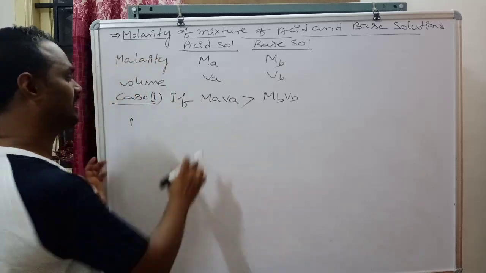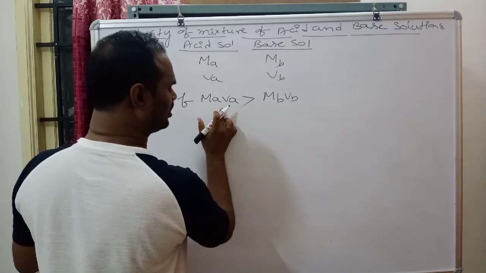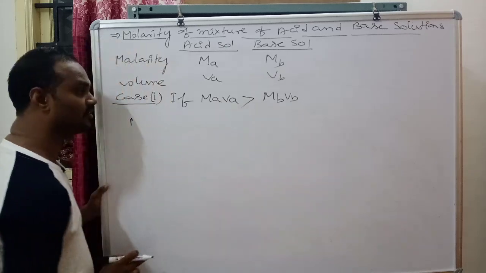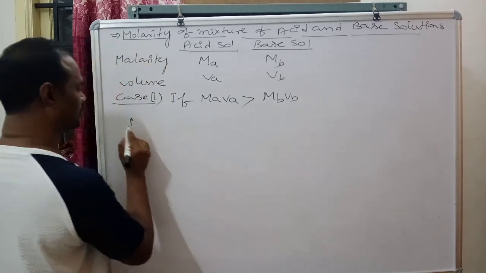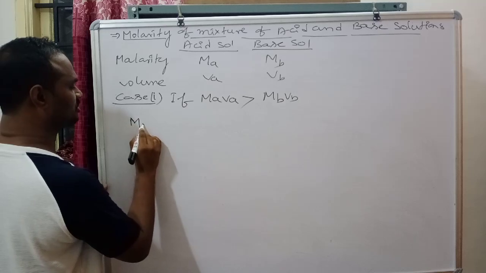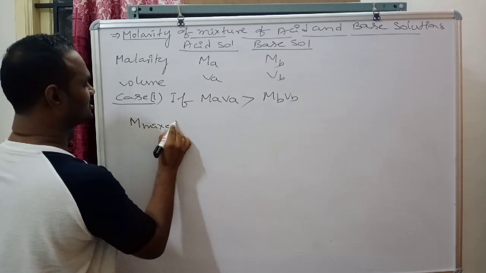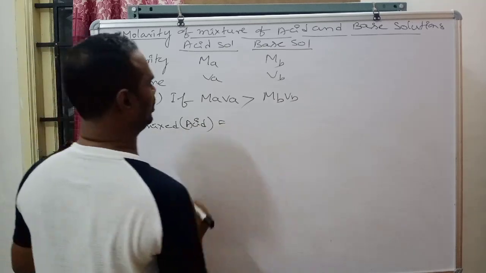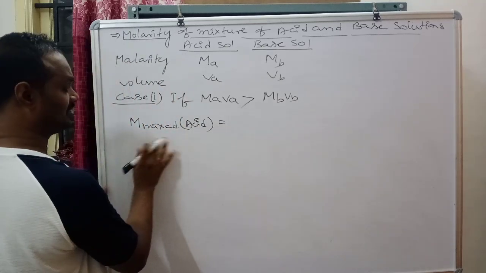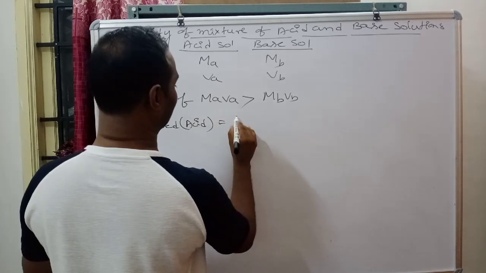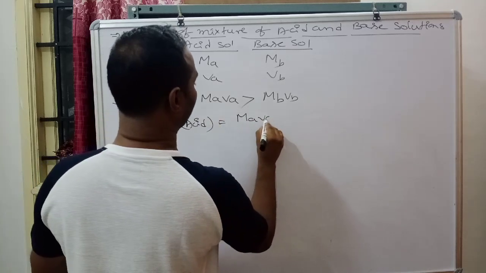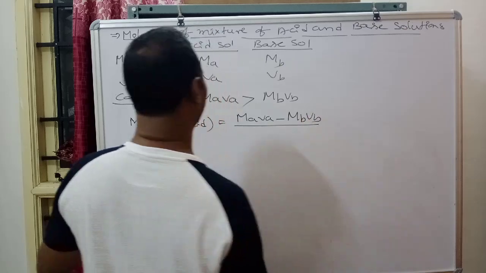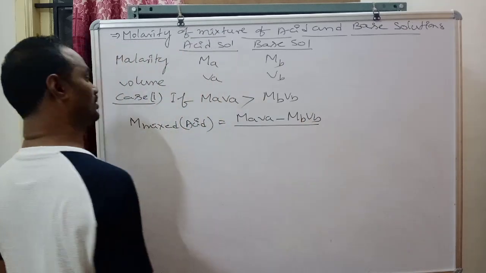Based on that, in this case the number of moles of acid is more than the number of moles of base. That's why the mixed solution is acid, and its molarity is equal to MaVa minus MbVb whole by the final solution volume.